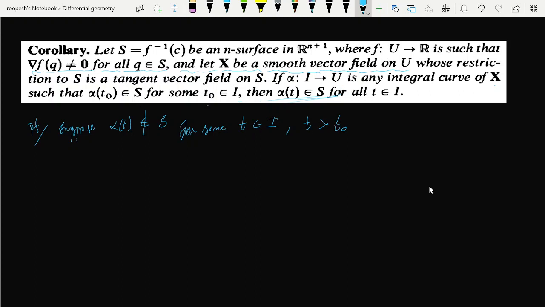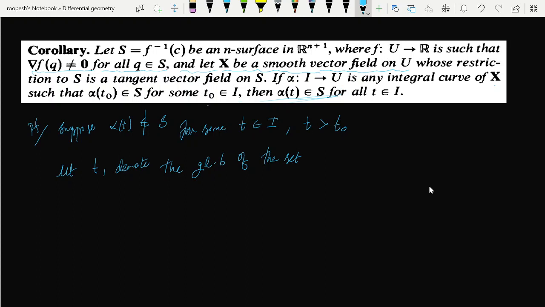Let t1 denote the greatest lower bound, GLB, of the set.